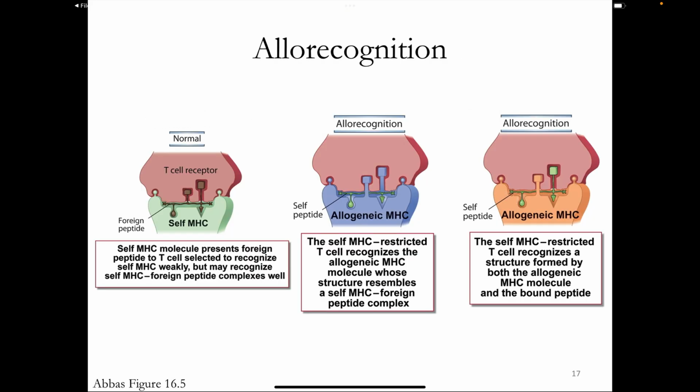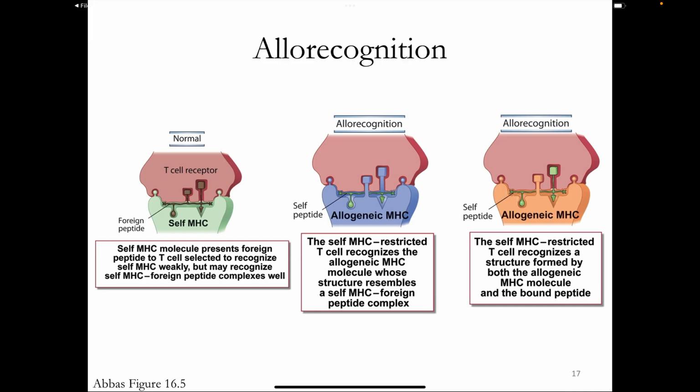More often, however, we might see some MHCs that are not quite so different from the self-MHC. Here you can see the self-MHC is this green one. It's got two little ball things on the side and nothing in the middle. Well, here's this purple one. It's got two little ball things on the side and some stuff in the middle. It's kind of similar structurally, not crazy different.